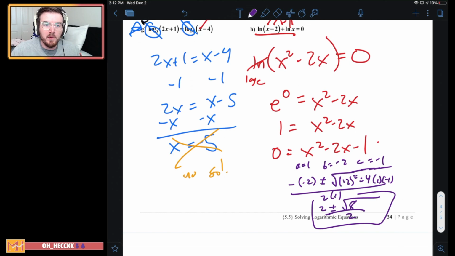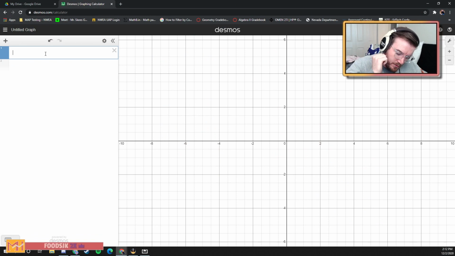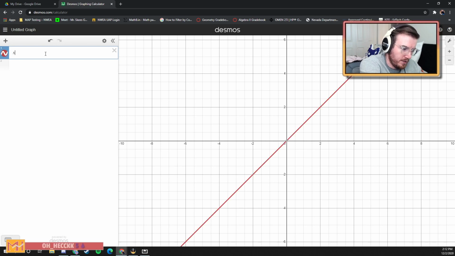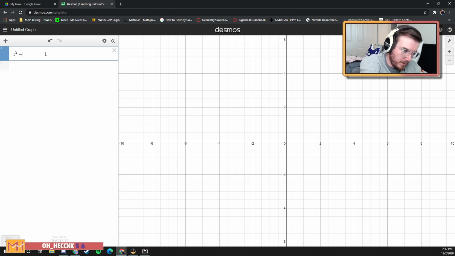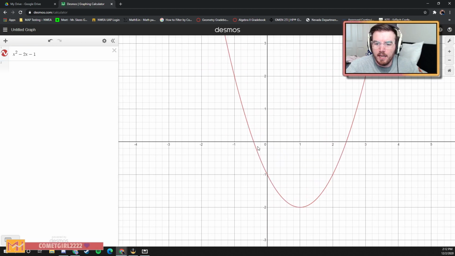You know what? Let me be awesome and pull something up for you. Let's pull it up on Desmos. Honestly, I'm getting stressed by the algebra. So I have the function x squared minus 2x minus 1. So where does it touch the x-axis? Here and here, right? So those are my two solutions.